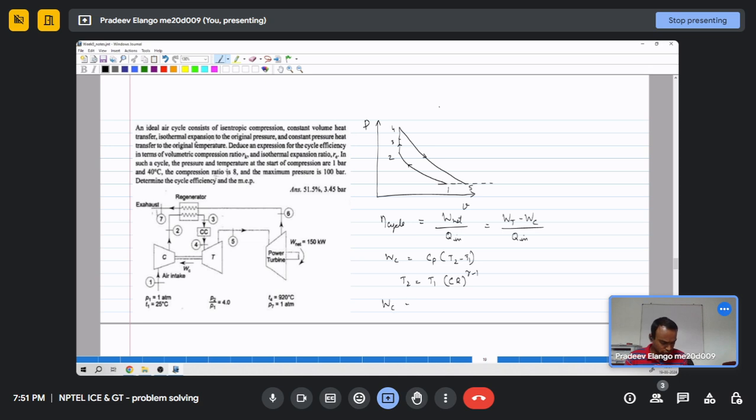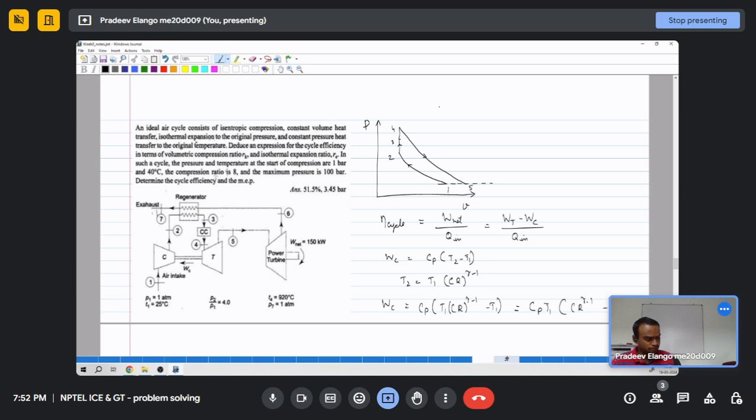So WC is Cp into T1 Cr power gamma minus 1, minus T1. So this can be written as Cp into T1 into compression ratio power gamma minus 1, minus 1. This is compressor work, and similarly turbine work can be calculated.